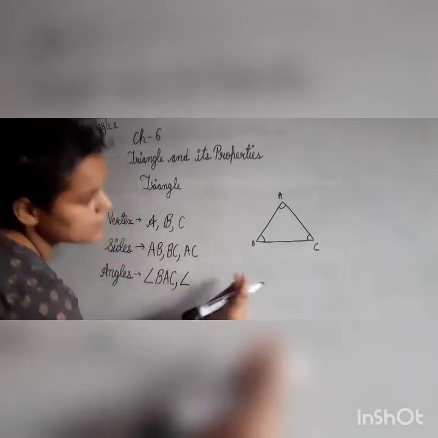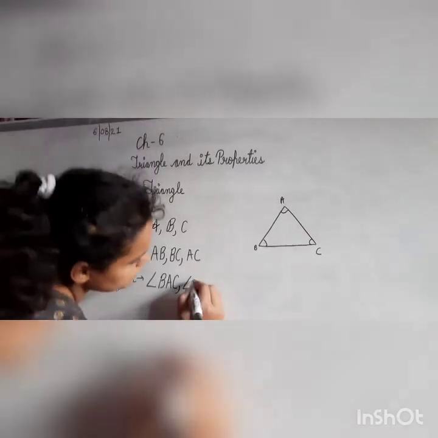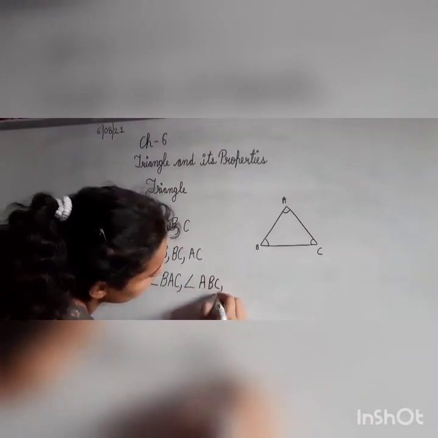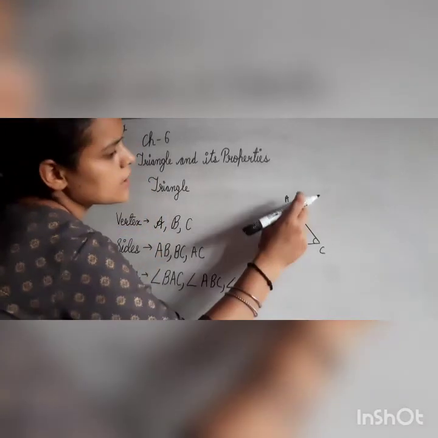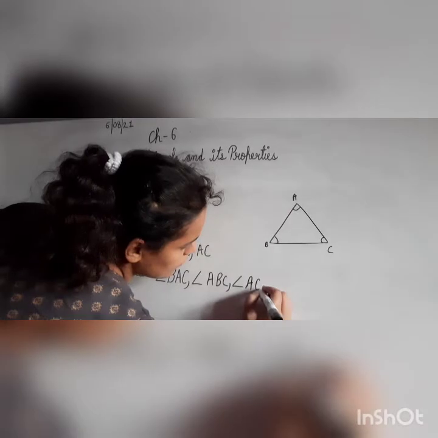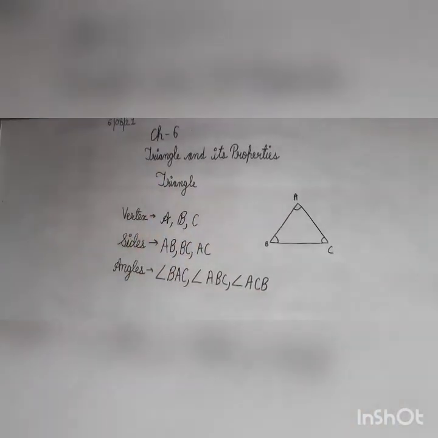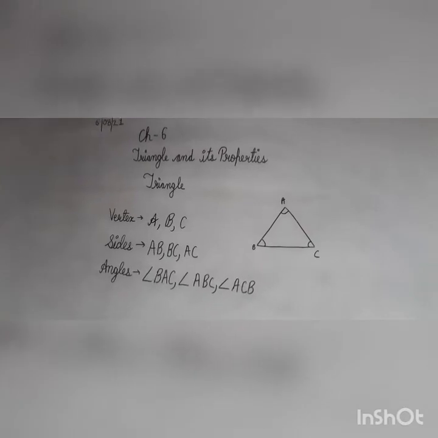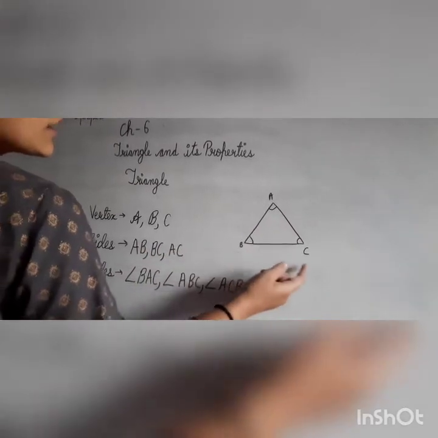Next is angle ABC. Next is angle ACB. Okay, class. You can see the 3 angles, angle A, angle B and angle C.